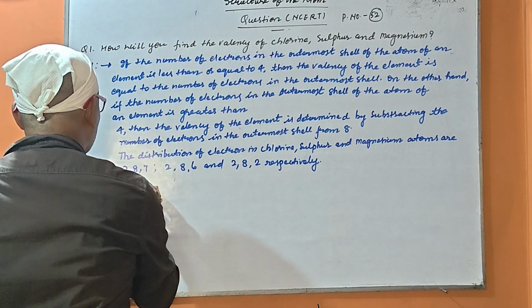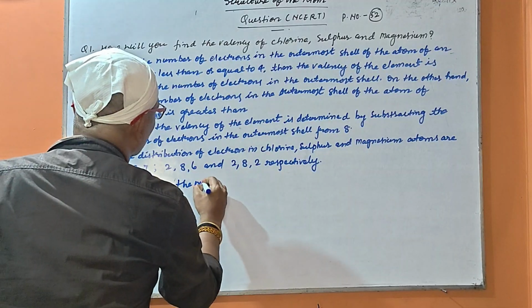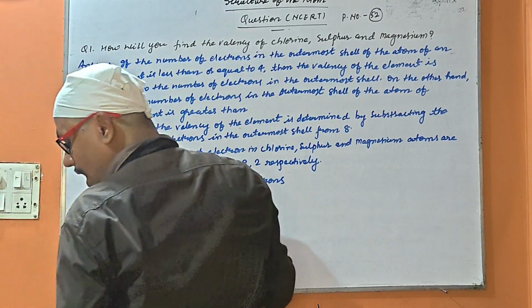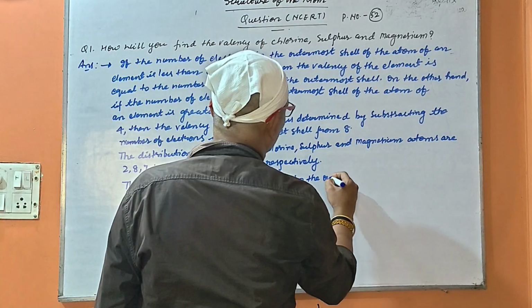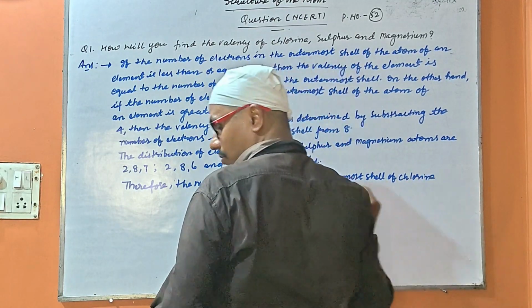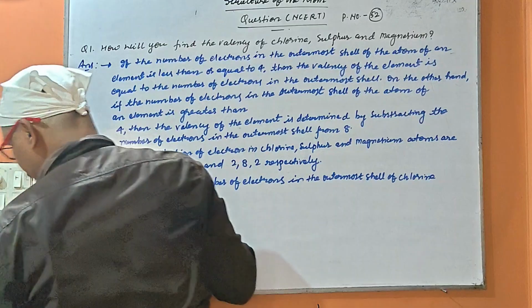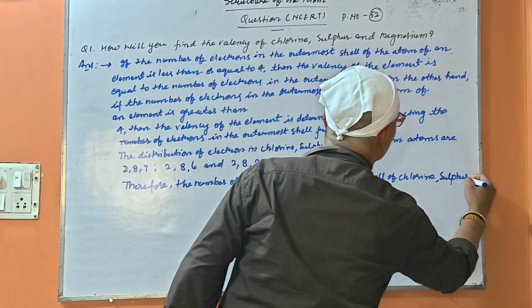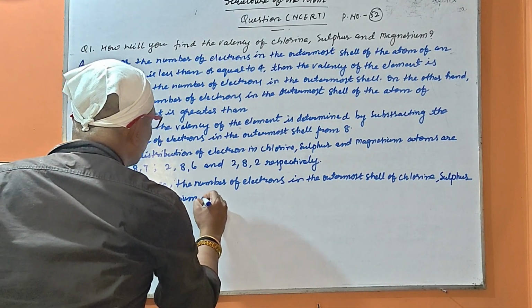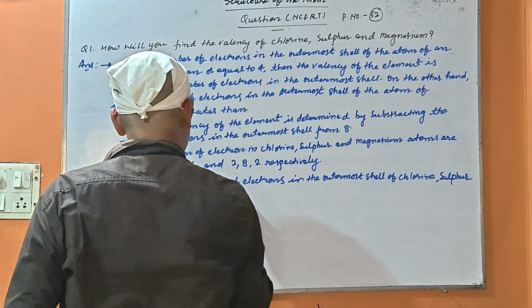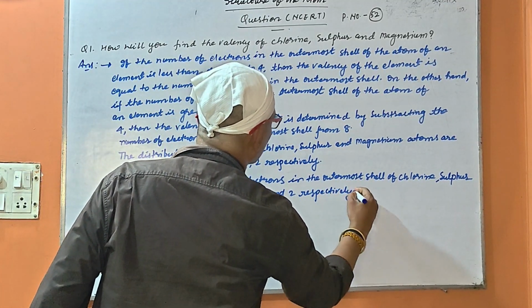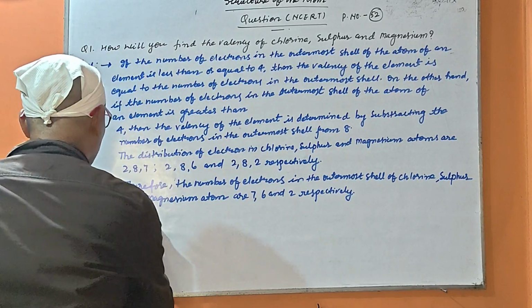Therefore, the number of electrons in the outermost shell of chlorine, sulfur and magnesium atoms are 7, 6 and 2 respectively.